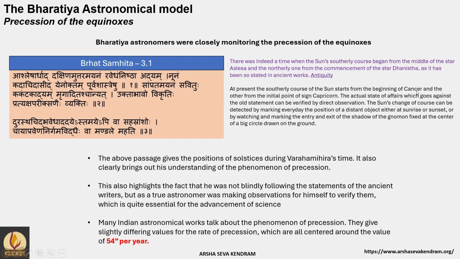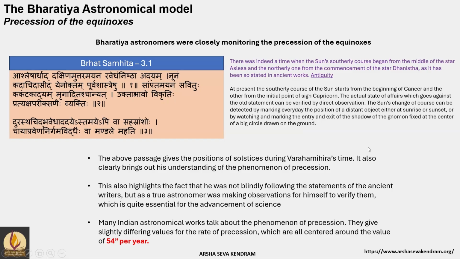He says that it is at the beginning of Cancer, which is aligned with the fourth pada of Punarvasu, and the winter solstice was happening at the initial point of the sign of Capricorn, which is Uttarashada, second pada. And he also notes that during the time of Vedanga Jyotisha, it was respectively at Aslesha and Dhanishta.